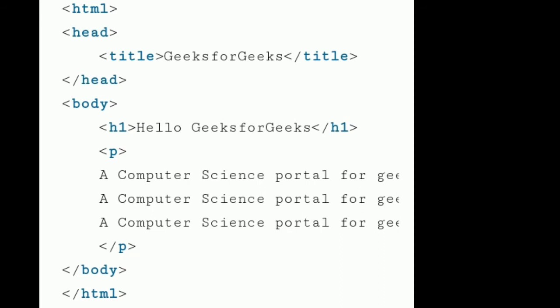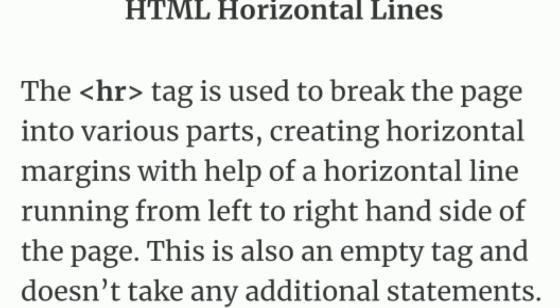You can see this program. This is also just like the previous one. Started with the HTML opening tag, header opening tag, title, geeks for geeks, title close, header close. Then you can start the body tag.